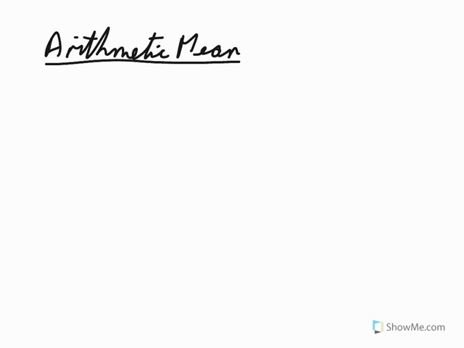Alright, so the arithmetic mean is kind of the numbers in between. For example, we've got 3 terms, x, y and z. What we know here is that we add d and we add d.